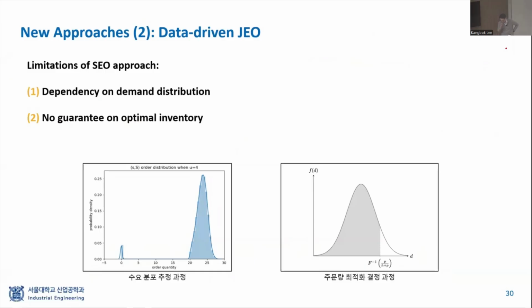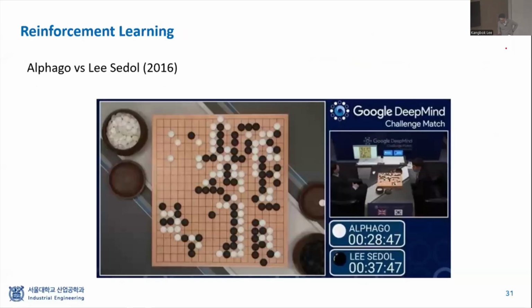So maybe as an alternative, what do we have? We have a reinforcement learning framework, and this is quite suited to our objective. We want to know the best action that can minimize our inventory cost.